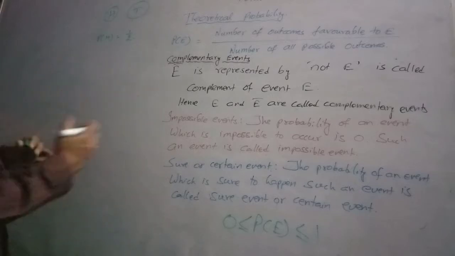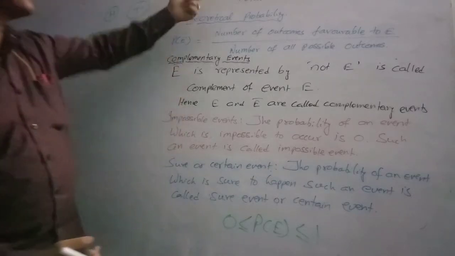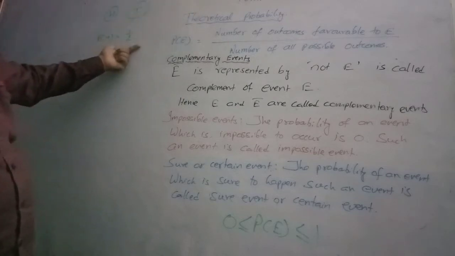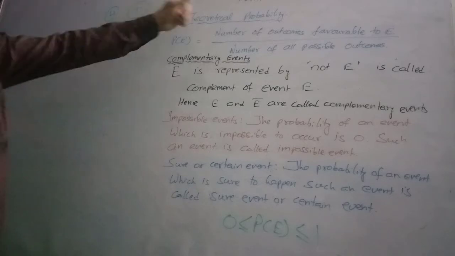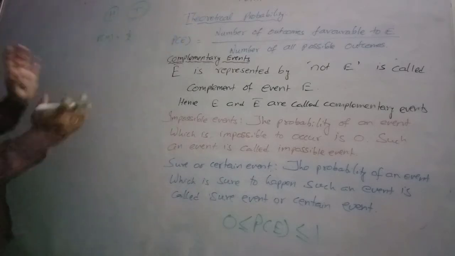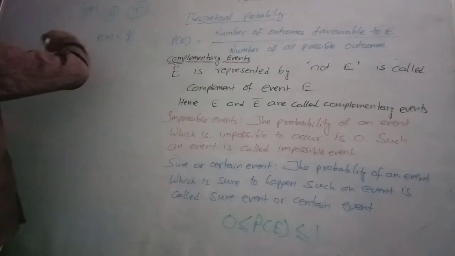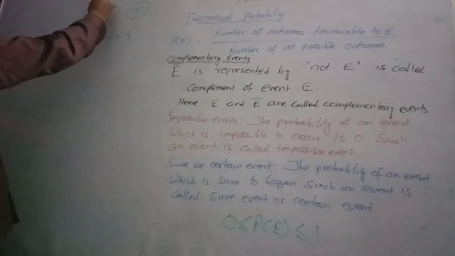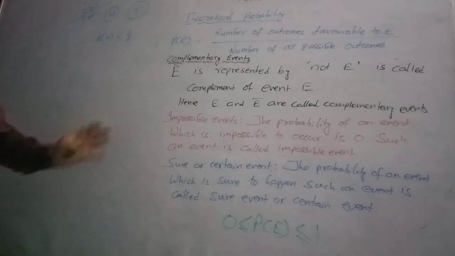Now I keep on increasing the number of experiments. Then the experimental probability becomes almost equal to the theoretical probability. If in 1000 tosses 501 times head comes, it is coming near to 1 by 2. So 10,000 times or 1 lakh times.